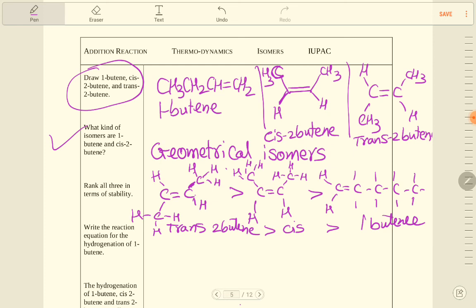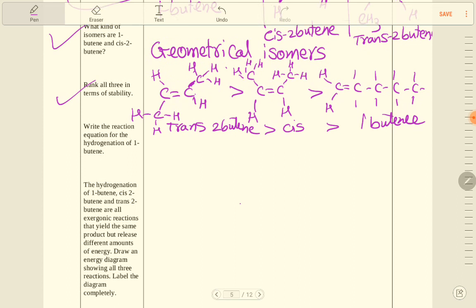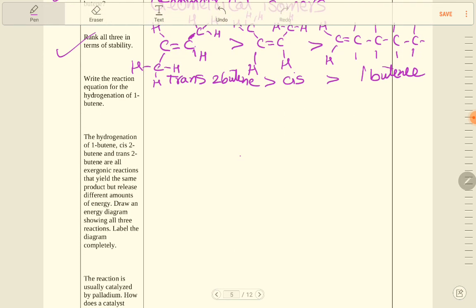All right. Write a reaction equation for hydrogenation of 1-butene. I'm going to move this thing here.